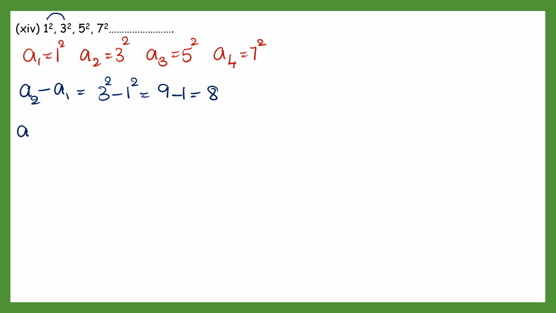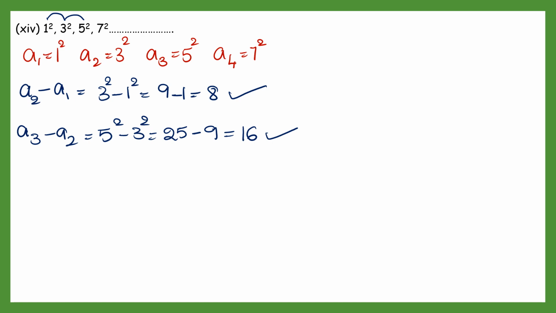Now, second term and third term are also consecutive. So, let's find A3 minus A2. A3 is 5 square minus A2 is 3 square. So, you get 5 square is 5 into 5, 25. 3 square is 3 into 3, 9. 25 minus 9 is what? It is 16. So, observe. What did we get? The difference between consecutive terms is different here. 8 and 16 are different.